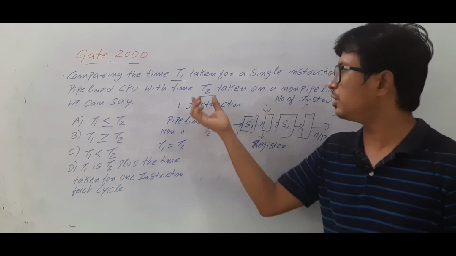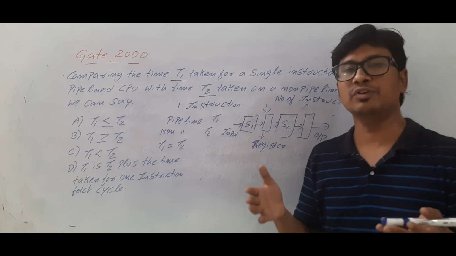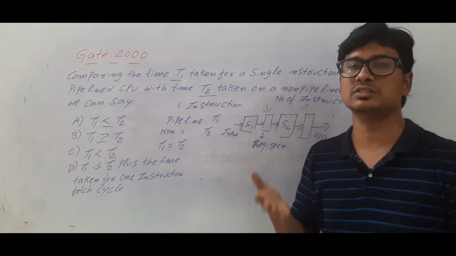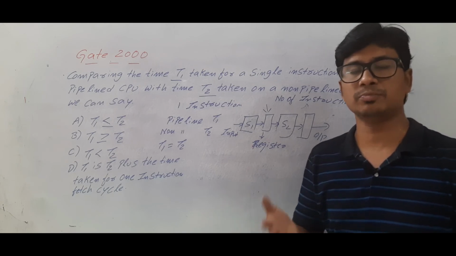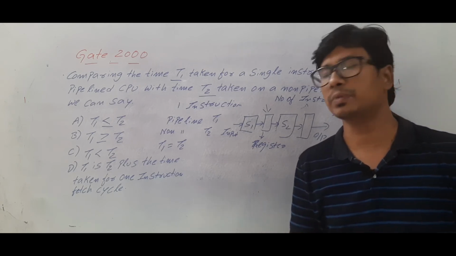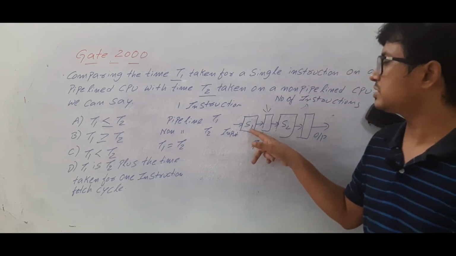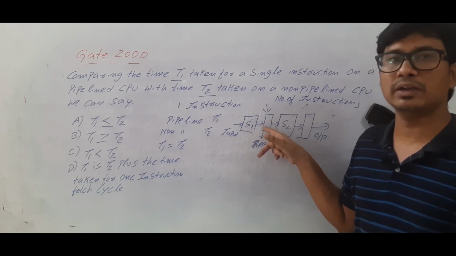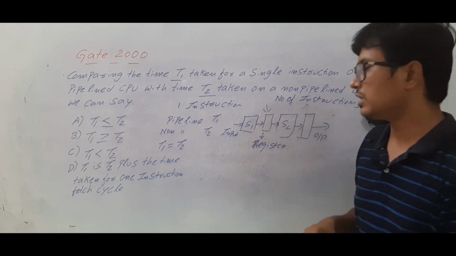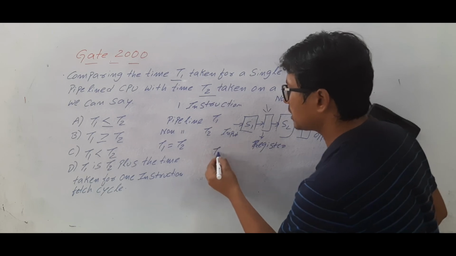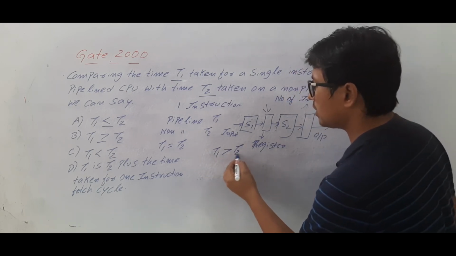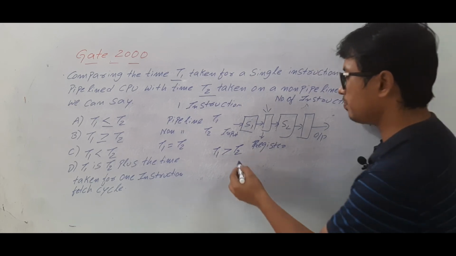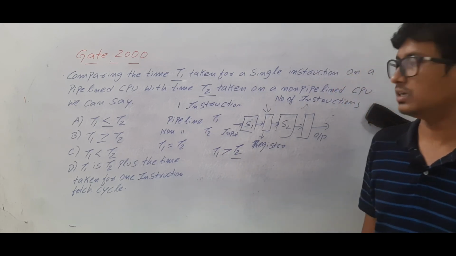If you are executing more than one instruction, or 100 or 200 instructions, the pipeline performance will be better. However, for a single instruction, as you have registers, the pipeline will take more time compared to the non-pipelined one, because in non-pipelined we do not consider the registers.